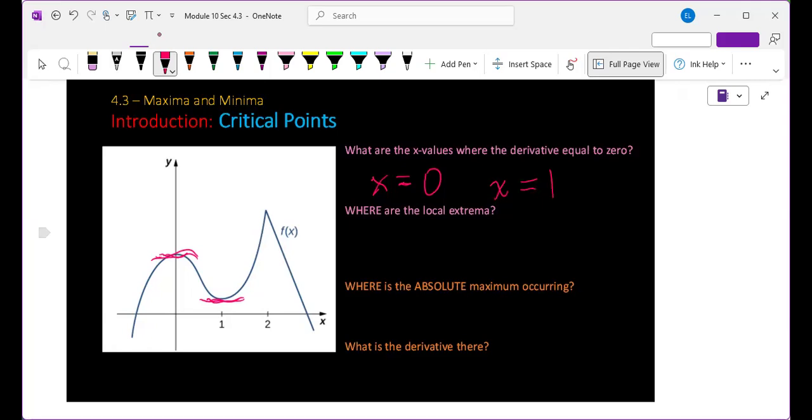But what is the absolute highest this graph gets? Where is its absolute highest point? So like x equals 0 is a relative max. It's the high point for its local crew. Is it the absolute highest point on this graph? No. So where do I go where I start getting points that are higher?